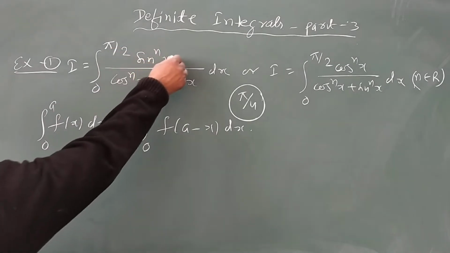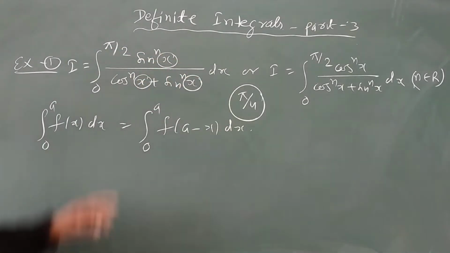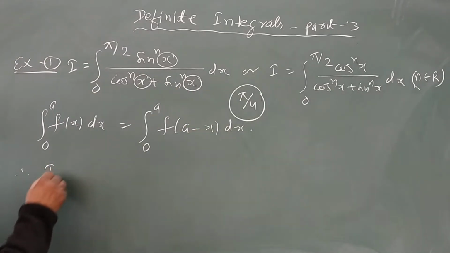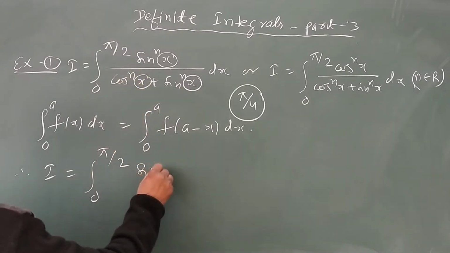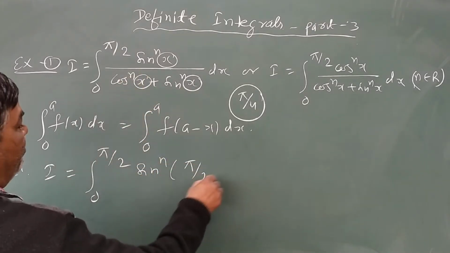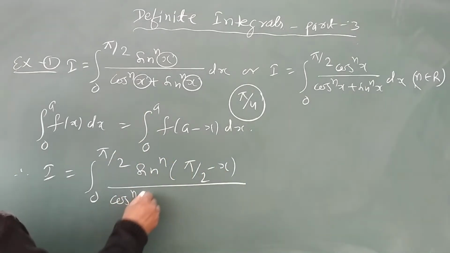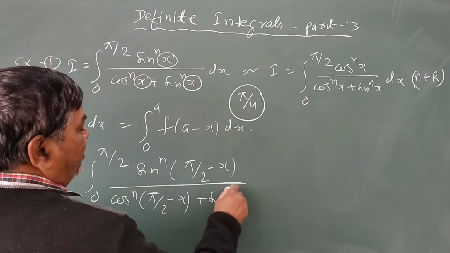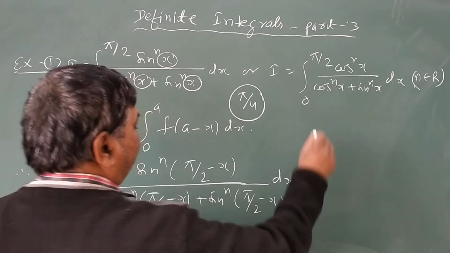In the place of x, we can write pi by 2 minus x. So, this I is integral from 0 to pi by 2 of sin to the power n (pi by 2 minus x) upon cos to the power n (pi by 2 minus x) plus sin to the power n (pi by 2 minus x) dx.